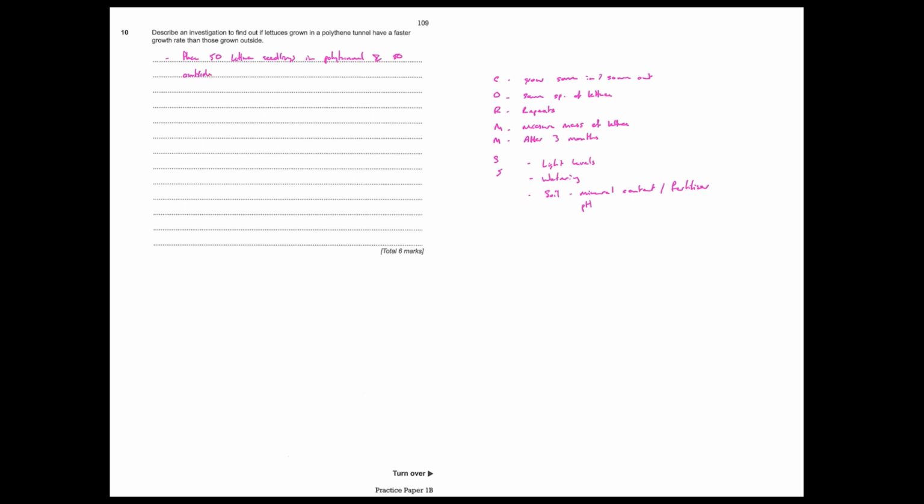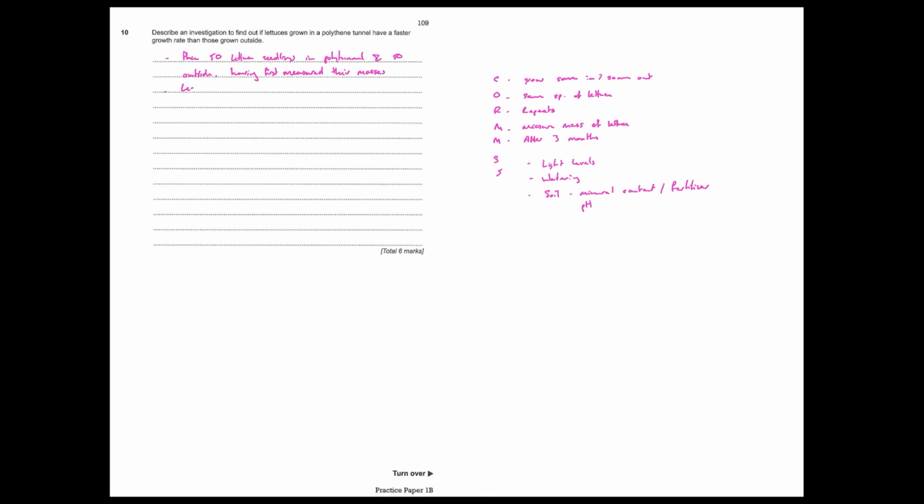Now actually what I wanted to do first there was weigh them, so we'll just add that to the end of that sentence. So having first measured masses.